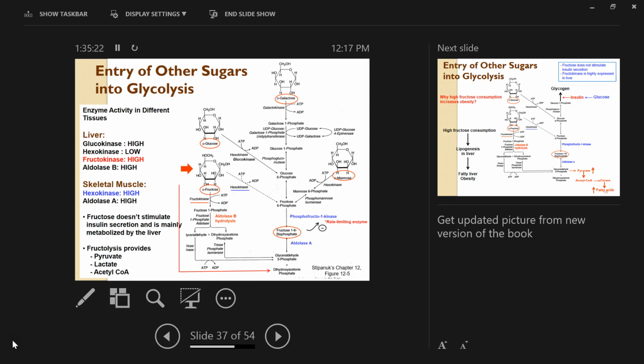The other thing is, fructose is not like glucose. When we have a high glucose level, it stimulates insulin release, right? But fructose does not stimulate insulin release.